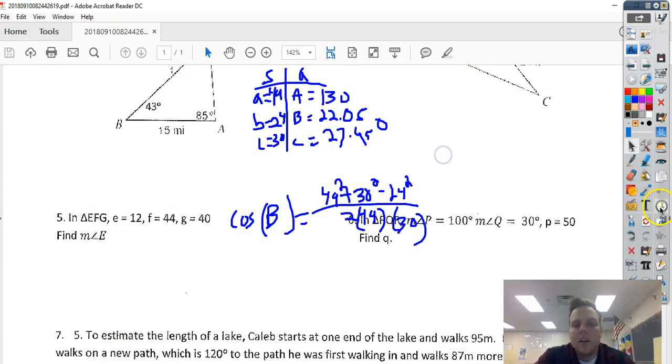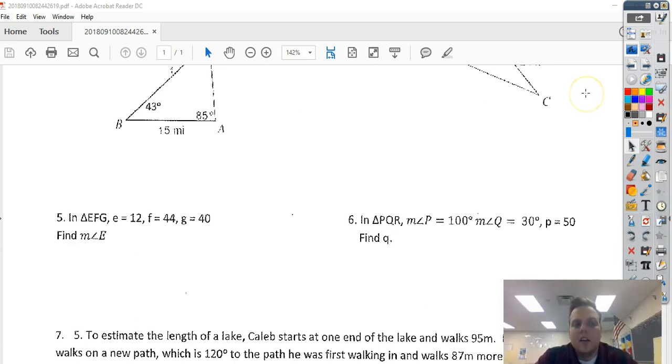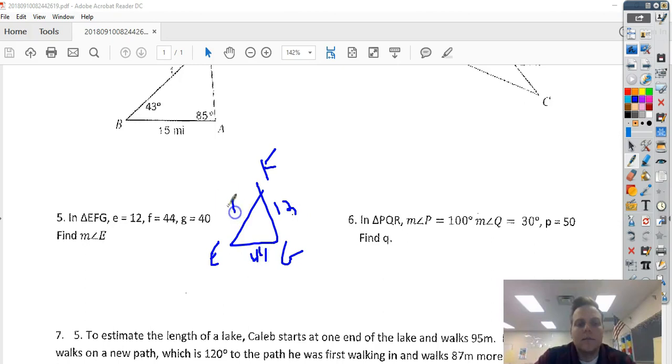Number 5. It says in triangle EFG, E is 12, F is 44, G is 40. Find the measurement of angle E. So we have some triangle, and remember, it doesn't really matter where you place your E, F, and G as long as you stay consistent throughout the problem. E is 12, F is 44, G is 40.